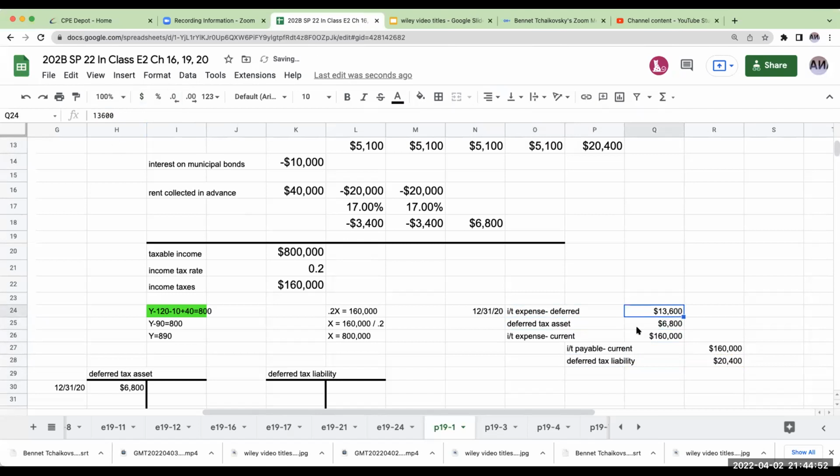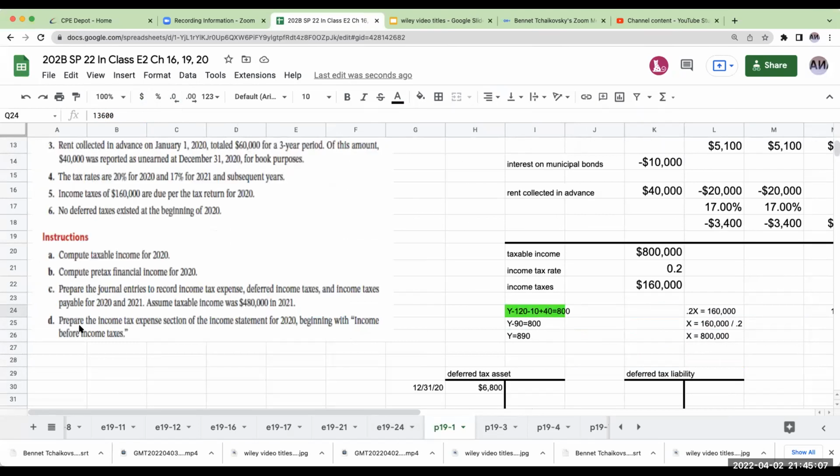Now, for this particular question, the textbook solution is going to show 173.6, or the sum of these two numbers. That's fine. But the reason why I'm doing this is because if I'm ever asked to prepare the income tax expense section, I'm going to have that part already done.